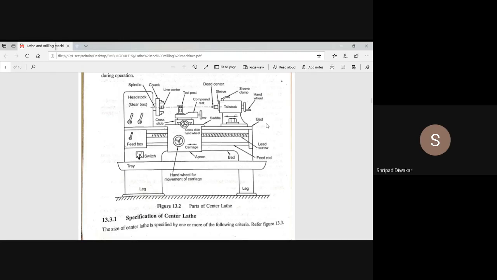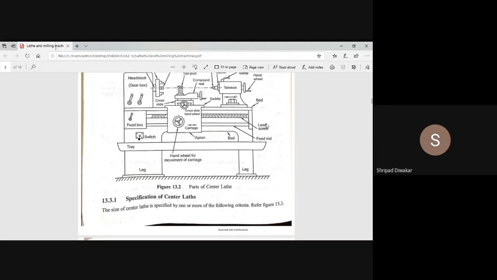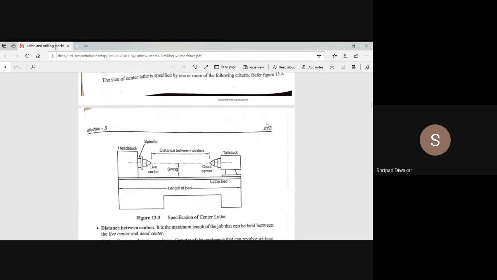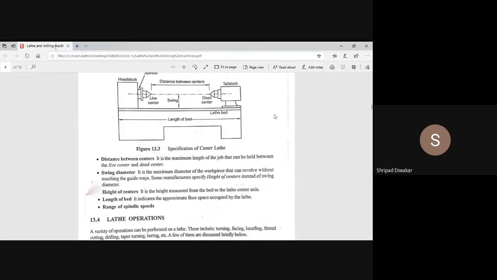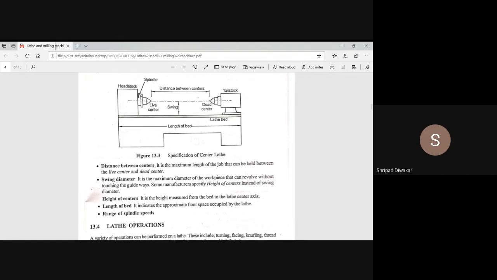Now I'll give the specification of the lathe machine. How are we going to specify the lathe machine? As I said, in a lathe machine we have the headstock. On the front of the headstock we have the spindle, and in the spindle we can hold the job. And one more is the tailstock, and in between headstock and tailstock we can hold our job. So this is the important diagram.